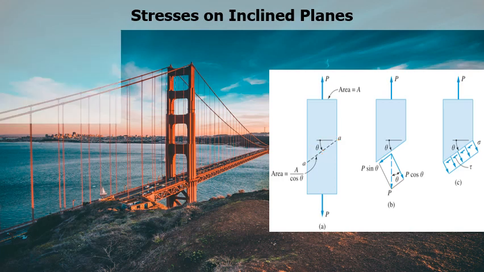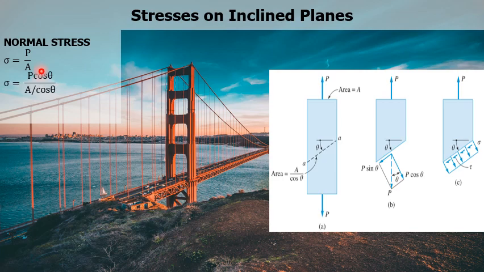To get the normal stress on the inclined plane, we have the normal stress formula, which is sigma equal to P over A, wherein P is the normal load and A is the cross-sectional area being considered.